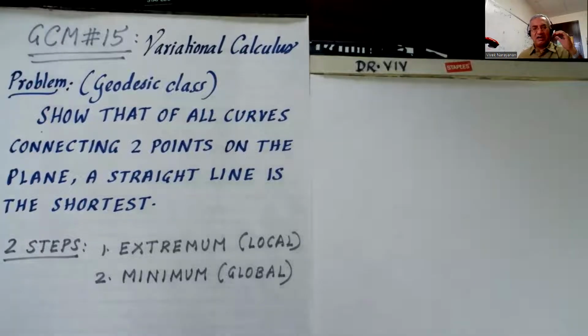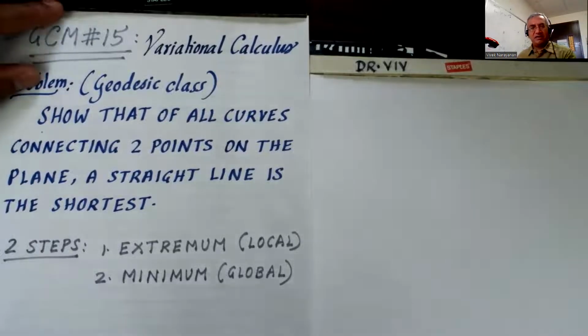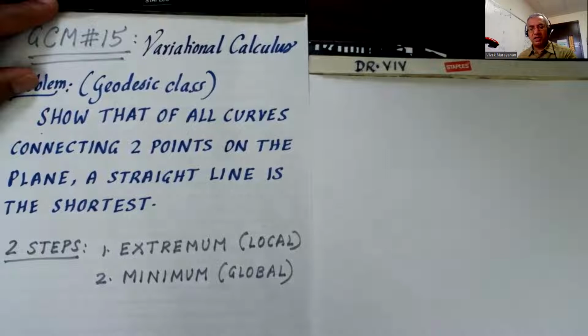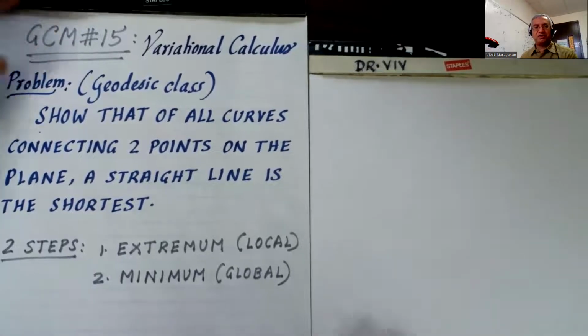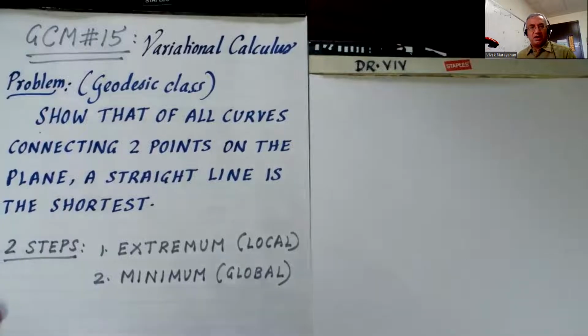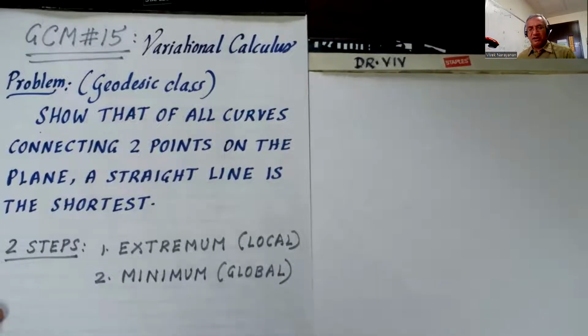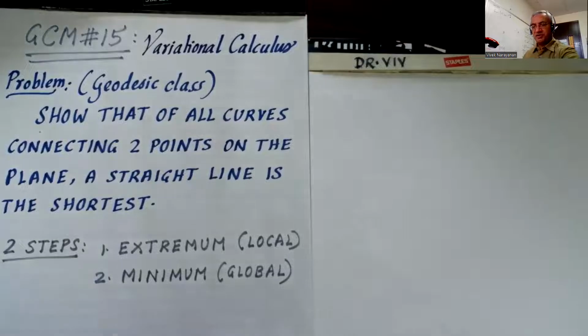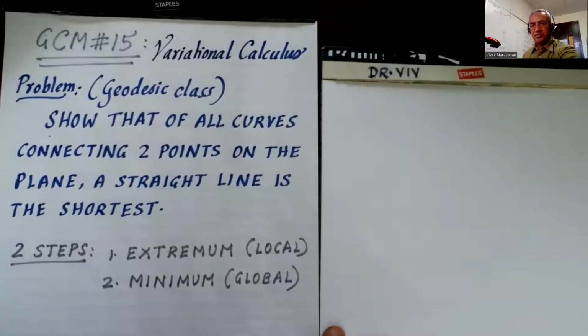So last time, in the previous video, number 14, we used variational calculus to derive the Euler-Lagrange equations as well as the Hamiltonian equations. What we shall do this time is to have more fun with variational calculus problems.